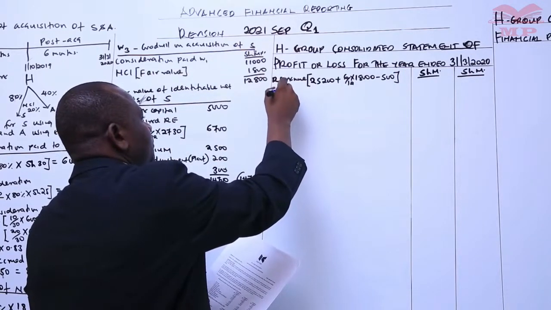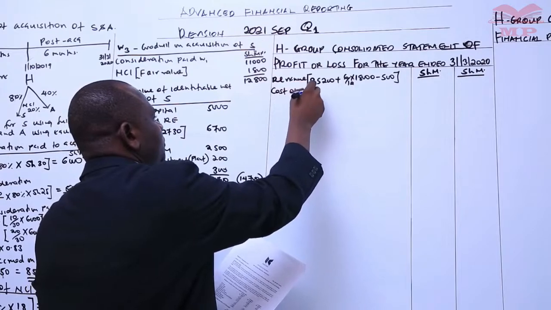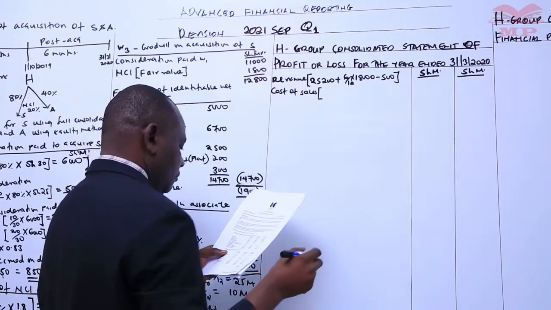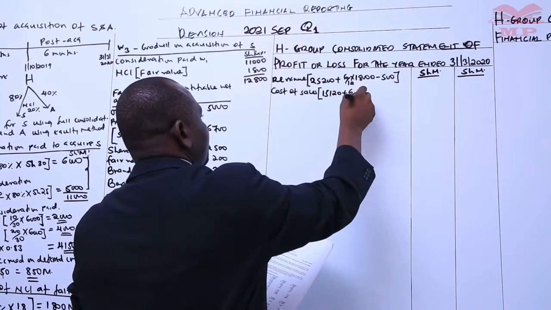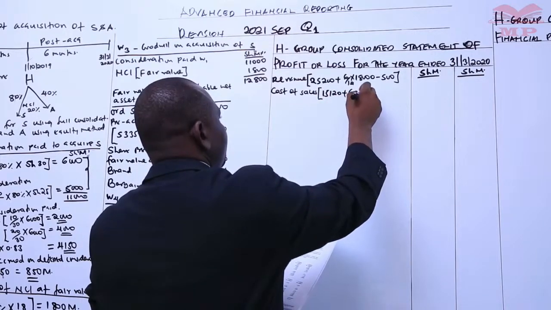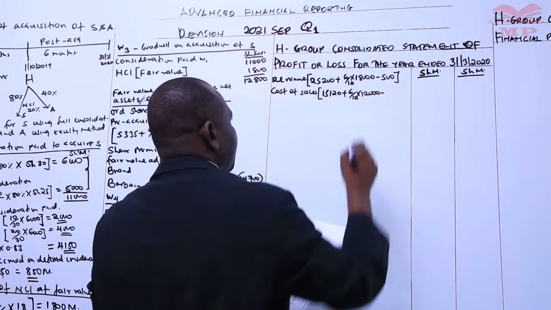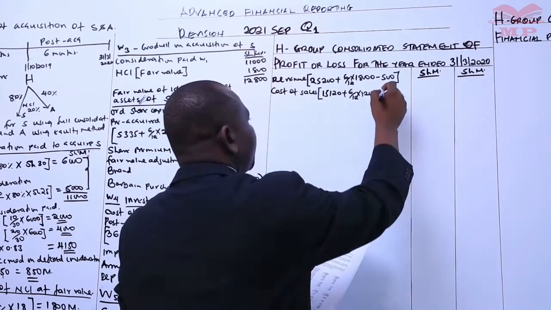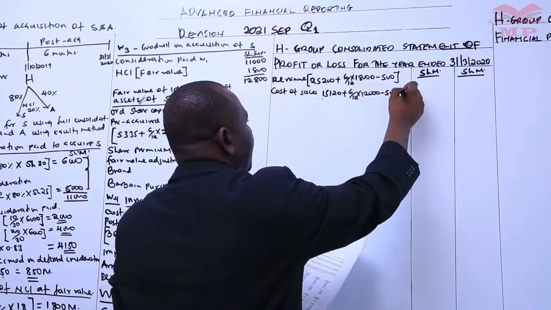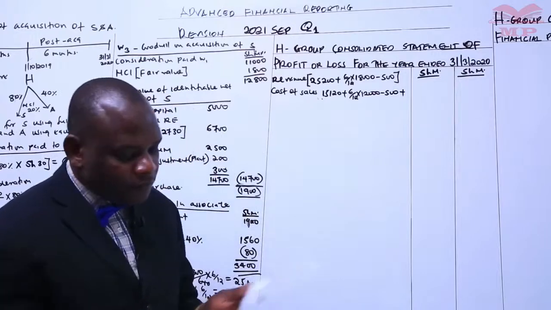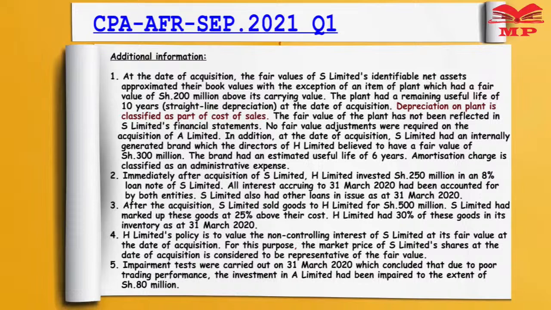Cost of sales: 15,120 for H plus 6/12 times 12,000 minus 500. Plus, recall, you're told in information 1 that the depreciation on the fair value adjustment of plant is classified under cost of sales.